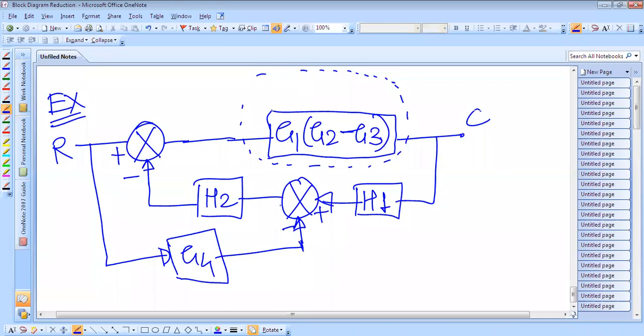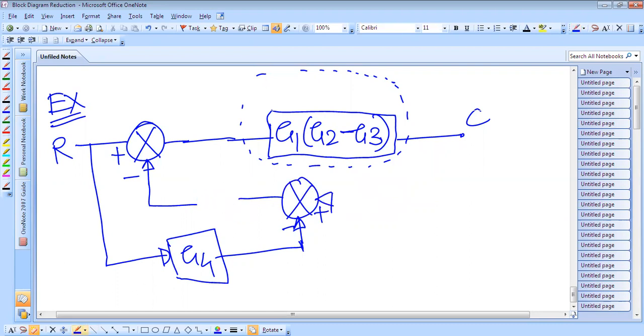When I shift this summing point after the block, the diagram will become like this. We'll just draw this. This block H2 will come here, and previously the H1 block was there.